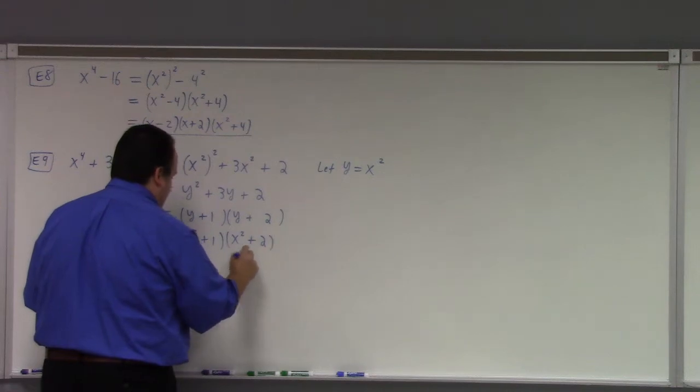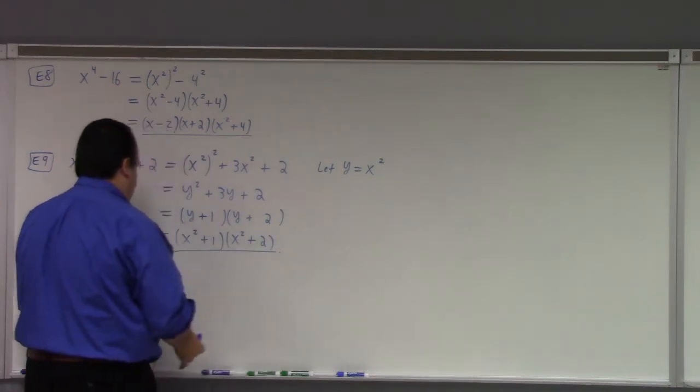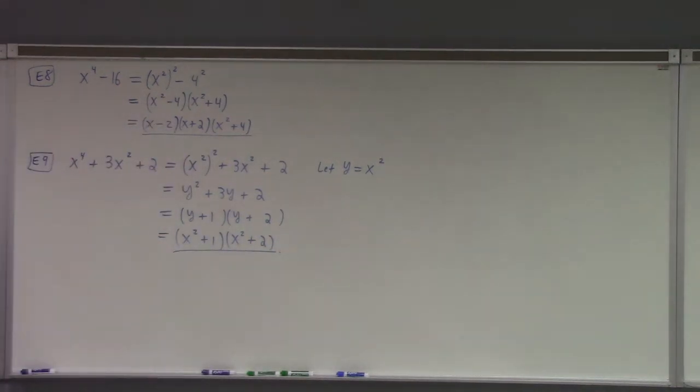Now, question. Are we done? Am I justified in underlining that and saying, hey, that's the answer? Can you break those down further? I've said no, right? If we have x squared plus something, that's a prime. Now, if we have x squared plus 3x plus something, is that a prime? Well, no. It's a middle term that messes it up. But if it's just a square plus a number, which is positive, that's prime.